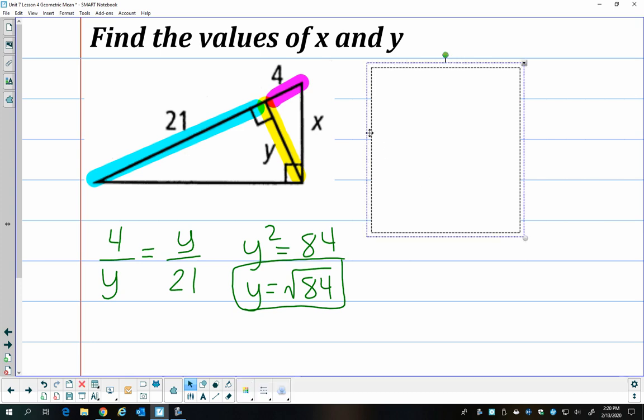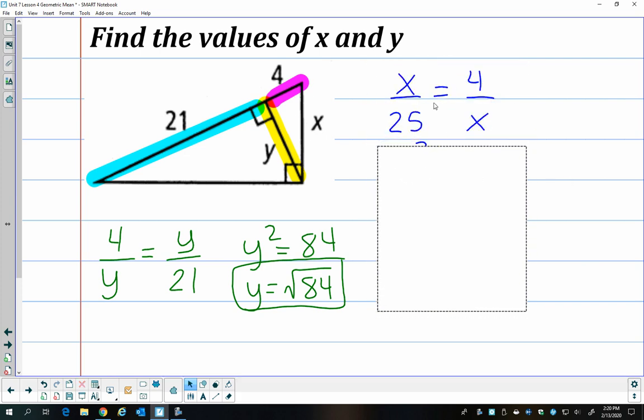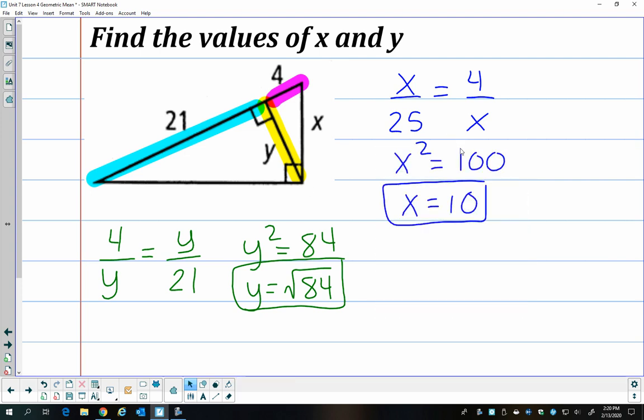And then, again, x is the hypotenuse of the small triangle, so I compare that to the hypotenuse of the big original triangle. 4 is the short side in the small triangle, so I'll compare that to x, the short side in the original triangle. And I'll get x to be 10.